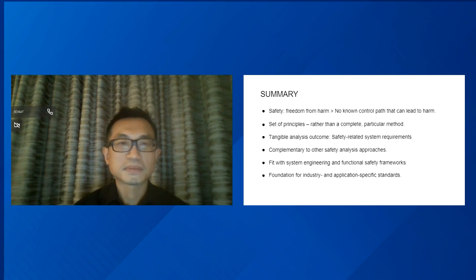Applied, in this case, to safety-related system requirements. It's a formal process.